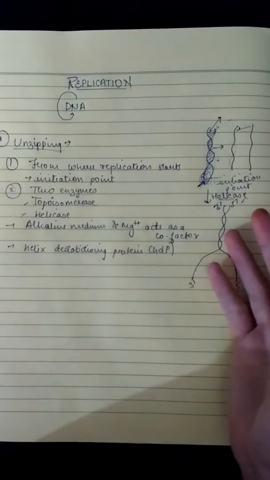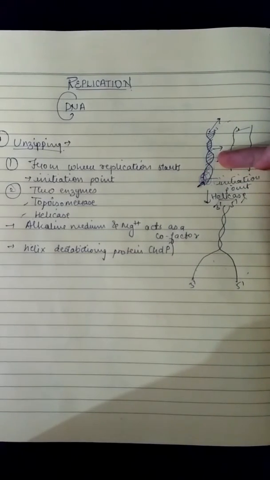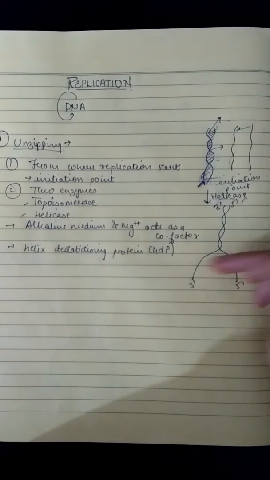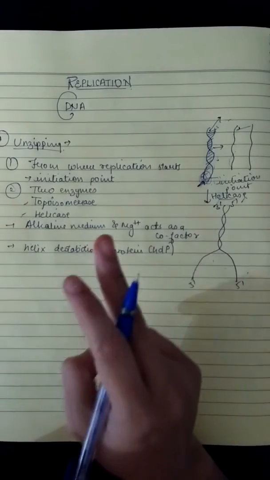If they recoil, they will become like this chain only, and they will again get their hydrogen bonds. So we have to prevent their recoiling.